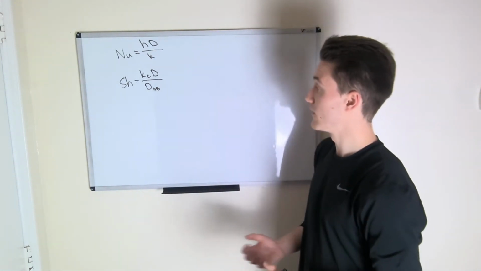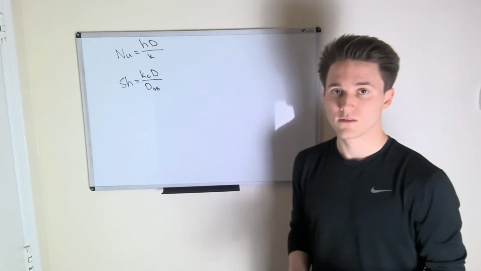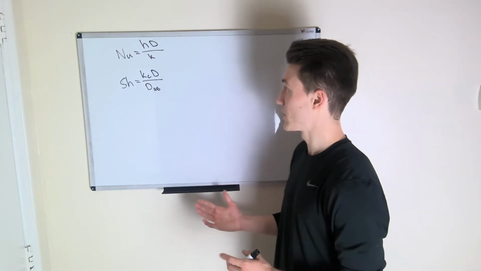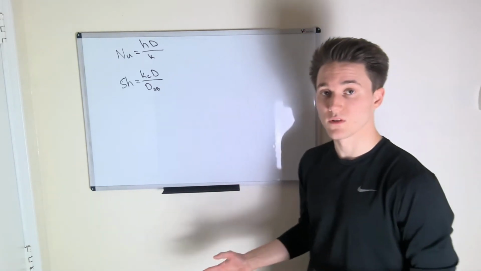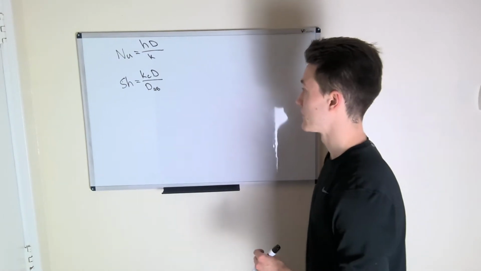So we can see that these two dimensionless groups have similar styles in terms of that it is some transfer coefficient multiplied by some distance over a parameter without convection.